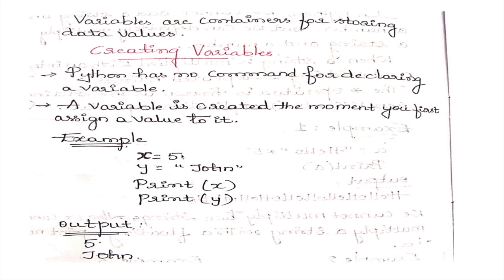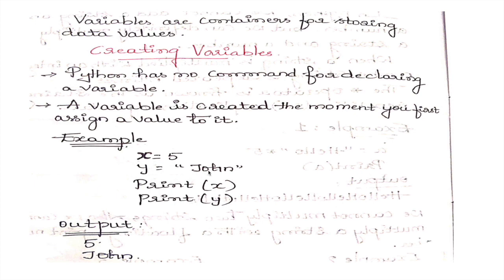When you assign a value to a particular variable, it will be automatically created. For example, see y is equal to John. So John is going to be assigned to a variable y. Understanding my point? So your value 5 is stored in a place in memory that is named x. John is a string that is stored in a place y.